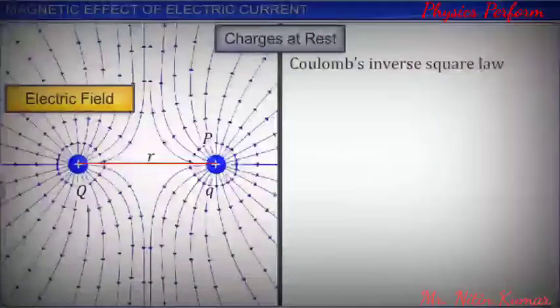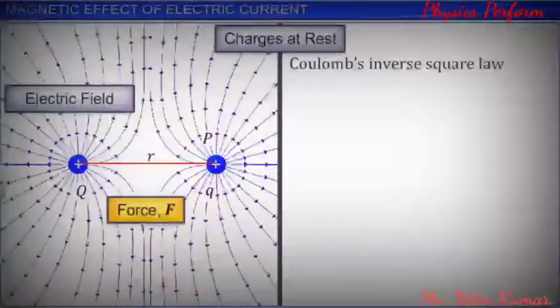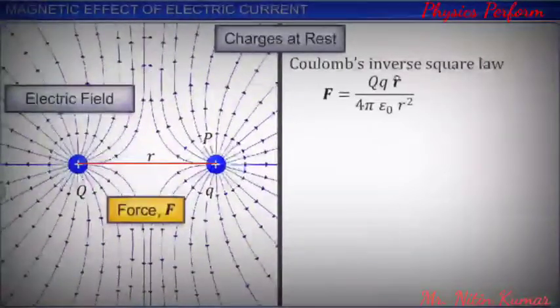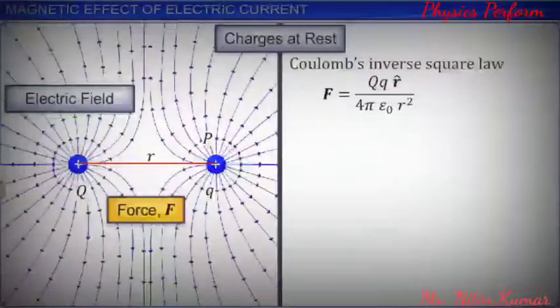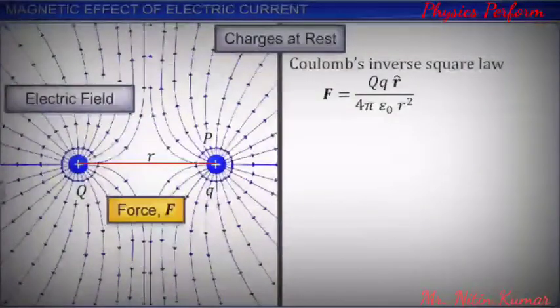According to Coulomb's inverse square law, the force between the two charges is F = Qq r cap / 4πε₀r².